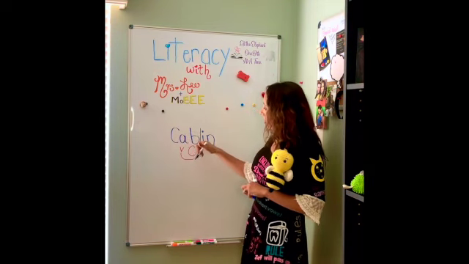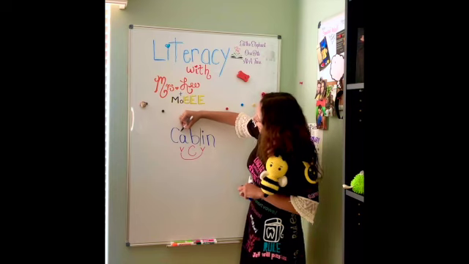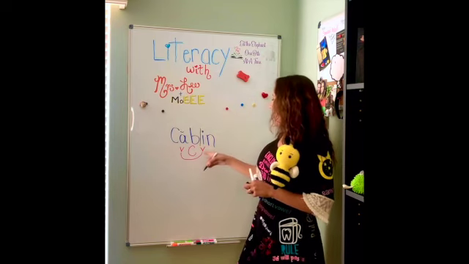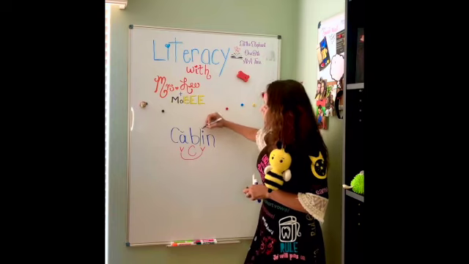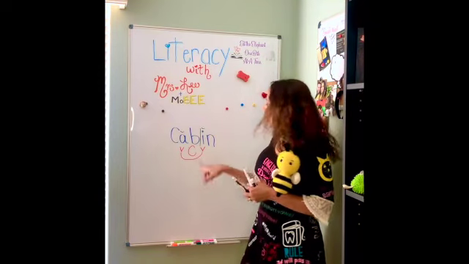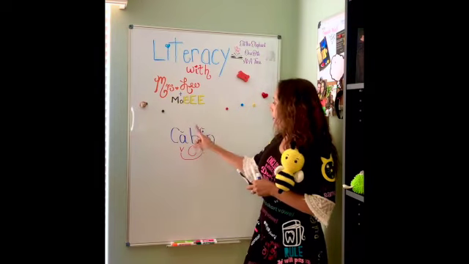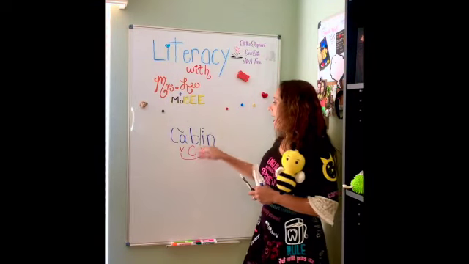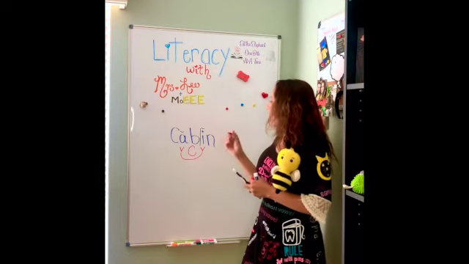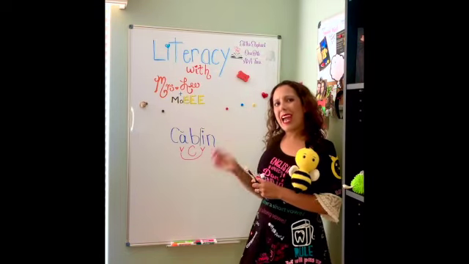Oh, look. It's closed, so it is short. Look at my next one. It is closed as well, so it is short. So let's read my first syllable: cab. My second syllable is in. Cabin. So is that a word that you know, cabin?